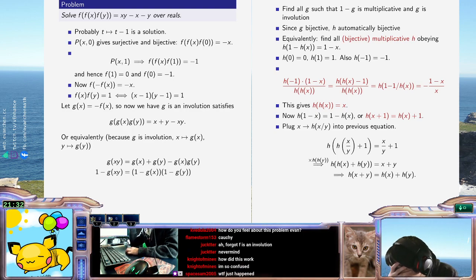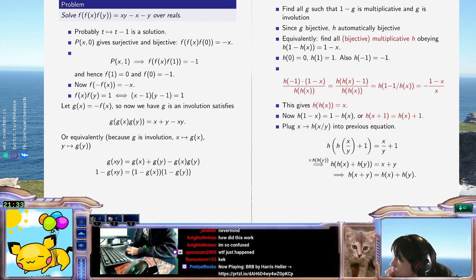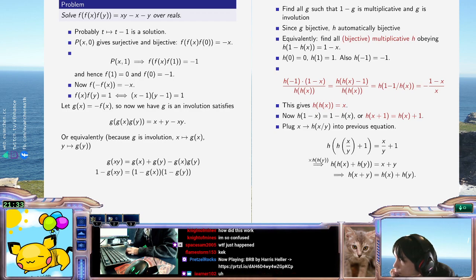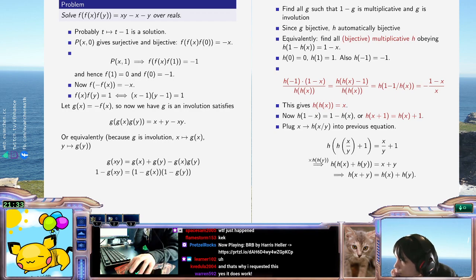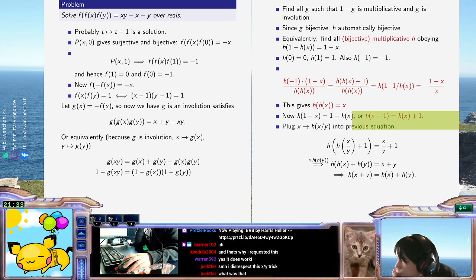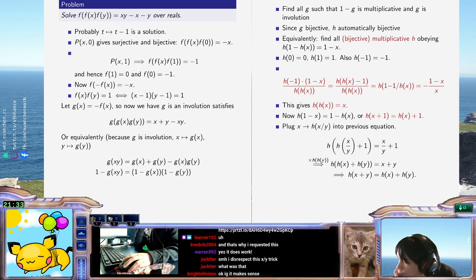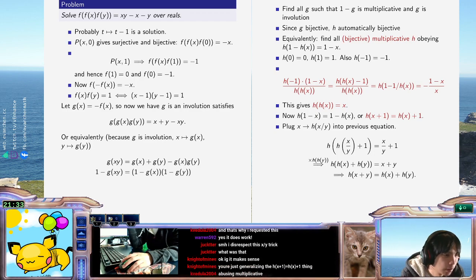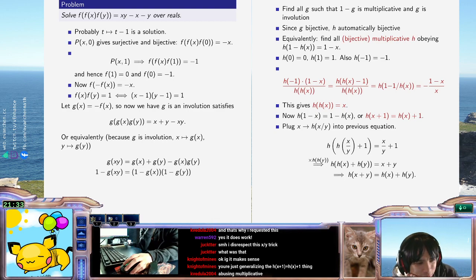What? Okay. You're just generalizing the h of x plus 1. Yeah, but I didn't think it should be generalizable.